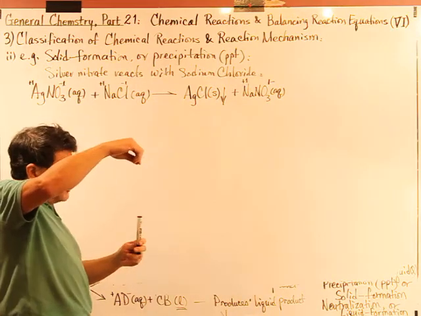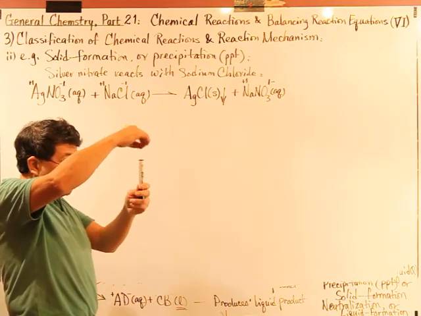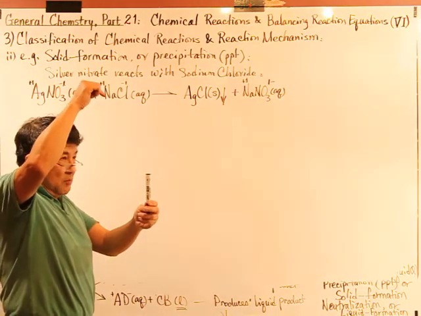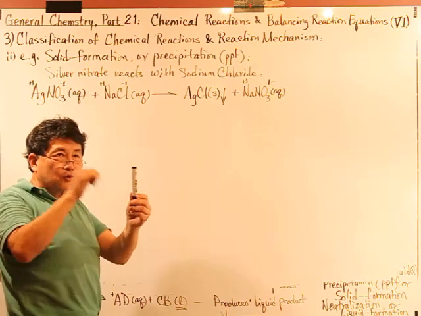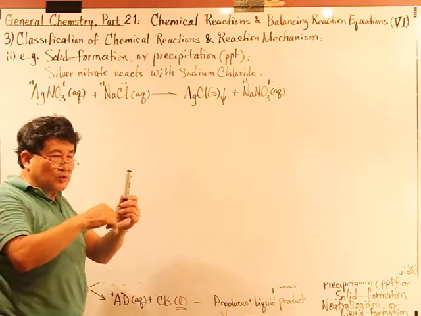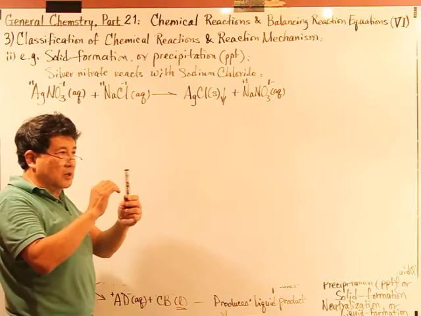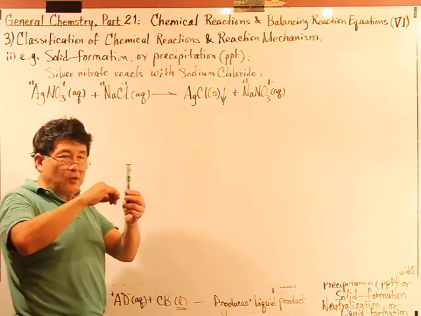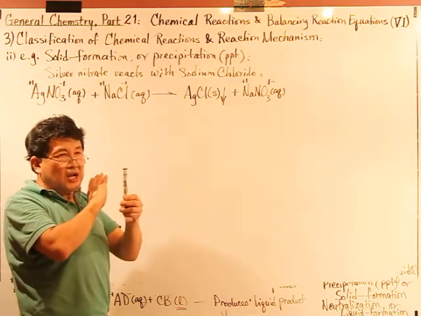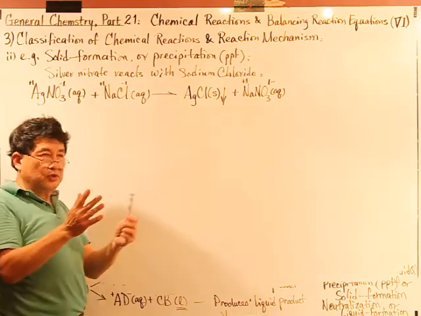Withdraw a little bit of this saline solution, and then drop 1 or 2 drops, just 1 drop, and you will see the moment that drop of NaCl aqueous solution goes into the AgNO3 silver nitrate solution, immediately a white, cloudy, milky precipitate forms, and then the entire test tube of silver nitrate becomes a cloudy, white, milky solution instead of a clear solution.